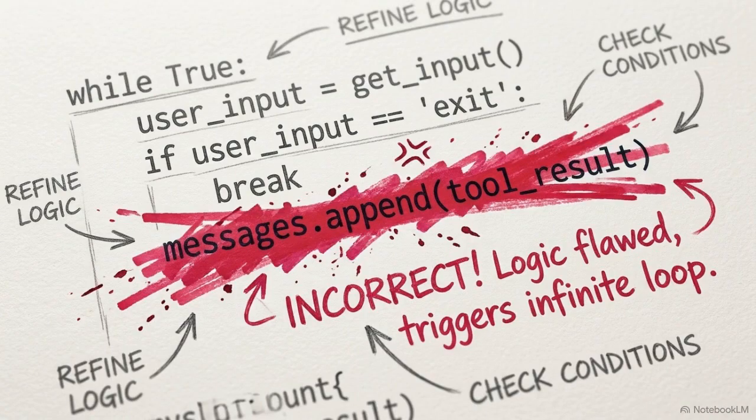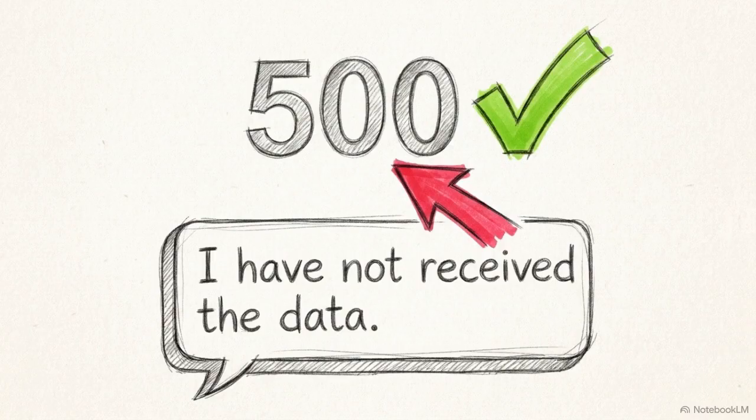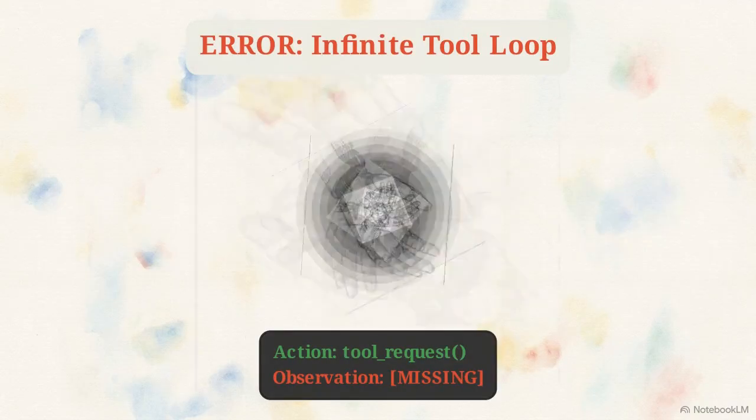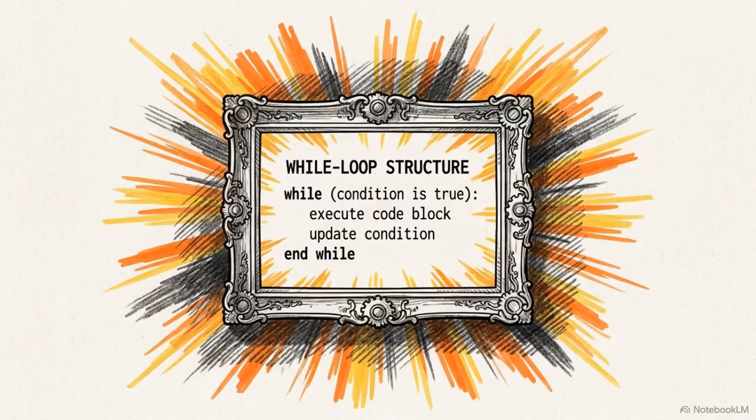The most common failure point here is forgetting to append that new tool result back into the messages array before the loop restarts. If you omit that step, the agent never observes the tool's output. It assumes the tool hasn't run yet and requests it again, creating an infinite loop. This basic while loop is the fundamental control mechanism that elevates a static prediction model into an iterative problem solver.